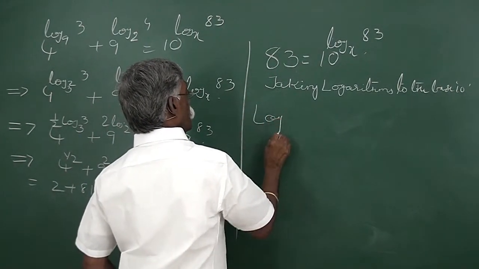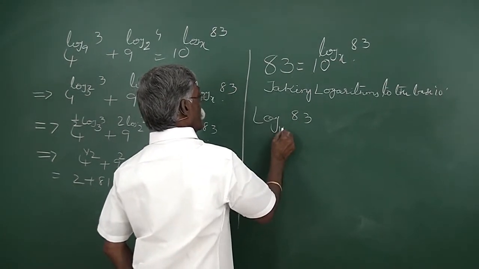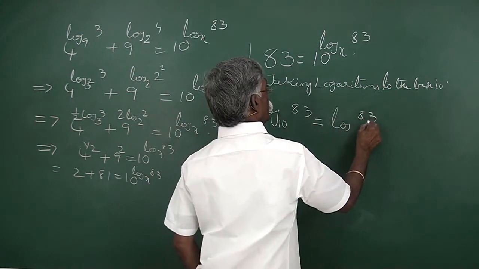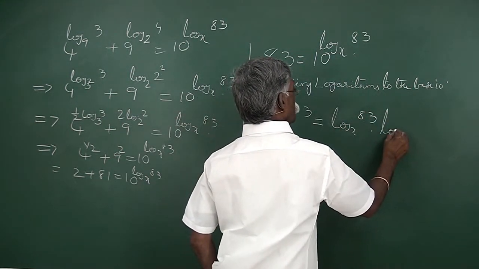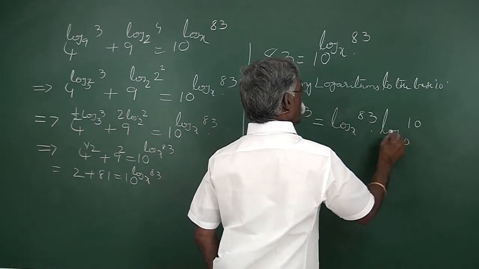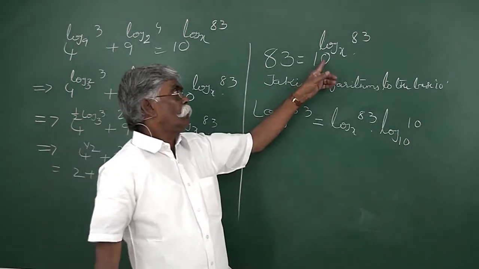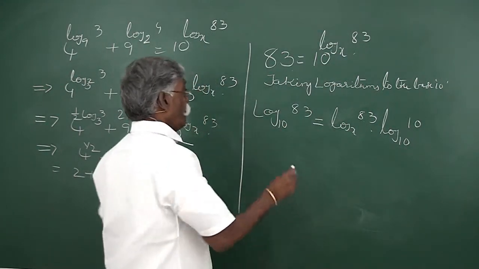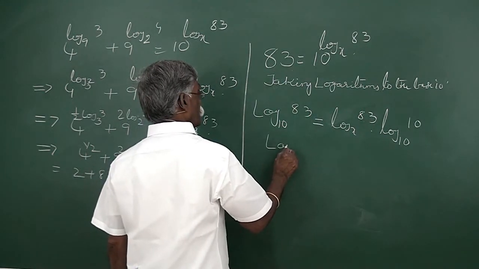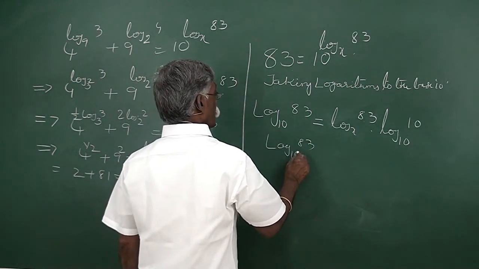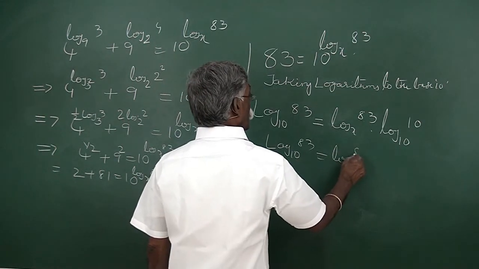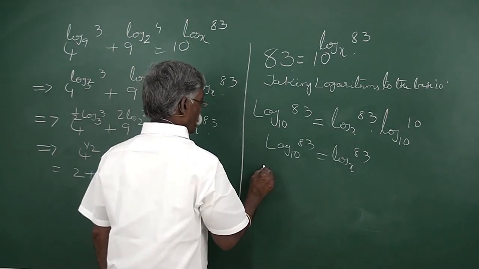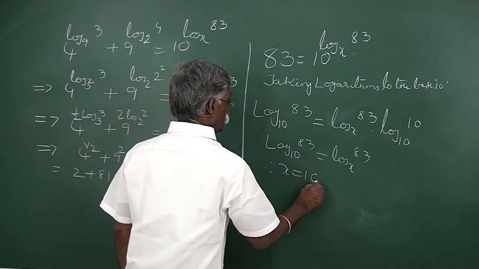Log 83 to the base 10 is equal to log 83 to the base 6 into log 10 base 10, because this is in the form a power x, log of a power x is x log a. Therefore, log 83 to the base 10 is equal to log 83 to the base x. Here the number is same, therefore it is clear that x is equal to 10.